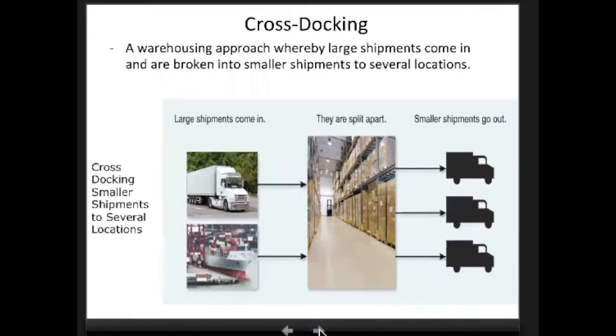An opposite kind would be a cross-docking warehouse, where large shipments come in and then they're split apart and sent out to the final locations as smaller shipments. This is something which happens when you have multiple hospitals where deliveries have to be made from a central distribution center or central stocking point, and that's an example of the cross-docking process.